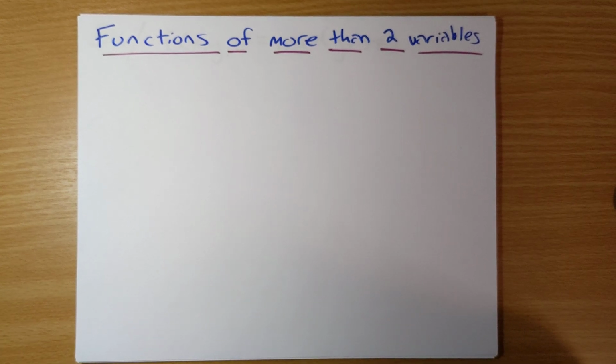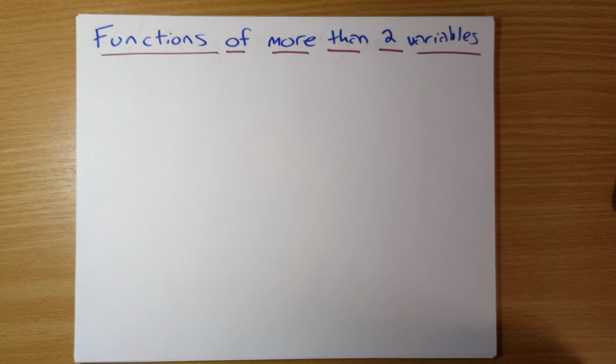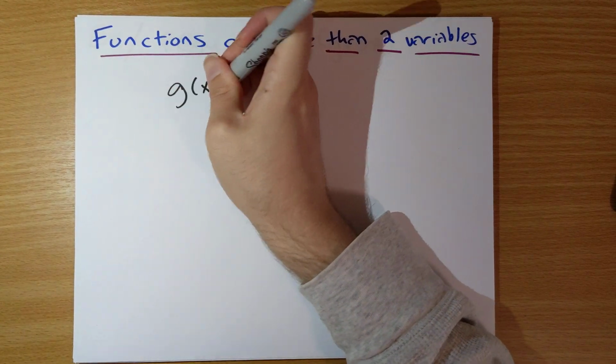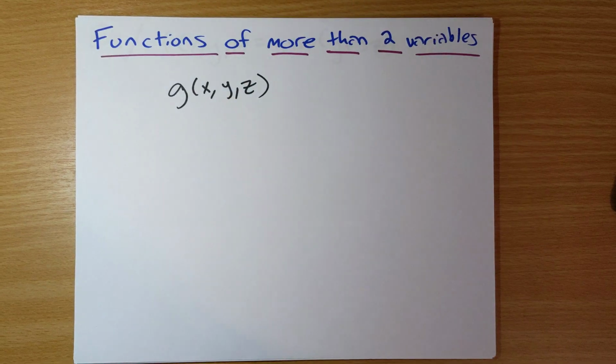So far in this section, we've been considering partial derivatives for functions of exactly two variables. Well, we could have a function of more than two variables, say g of x, y, and z.